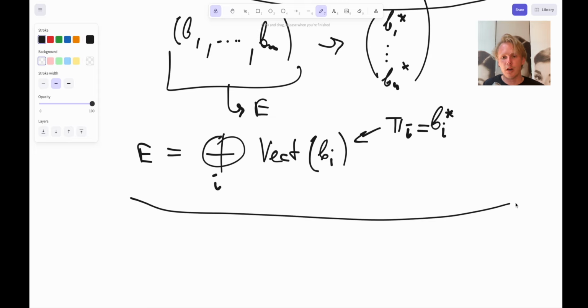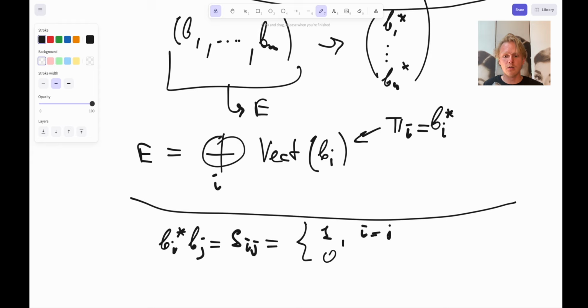The next thing that we observe is that if you multiply bi star with bj, you get a Kronecker symbol, which means that it is 1 if they're equal, and 0 if not, right?